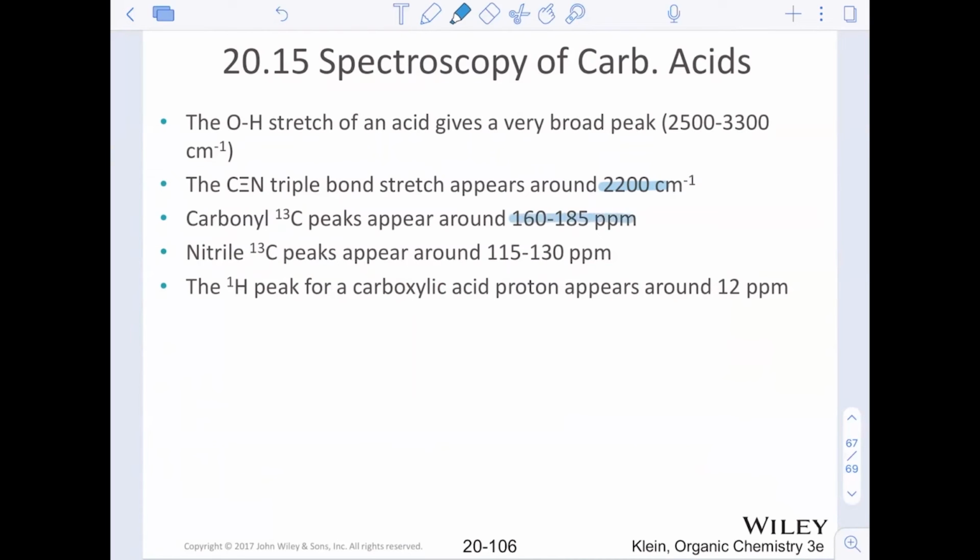So those carbonyl peaks can be identified with carbon-13 or even proton NMR as well. In proton NMR, the carbonyl of a carboxylic acid is easier to see. For nitrile carbon-13, just remember it is an sp hybridized carbon, so it appears in the middle, right around 115 to 130.